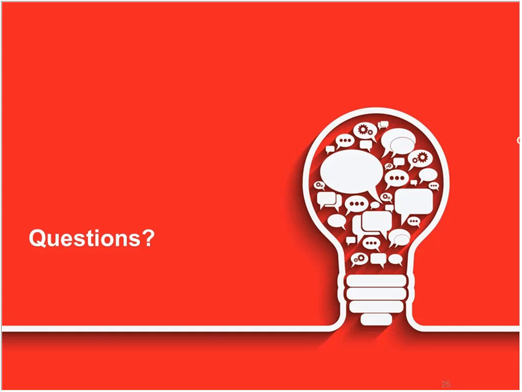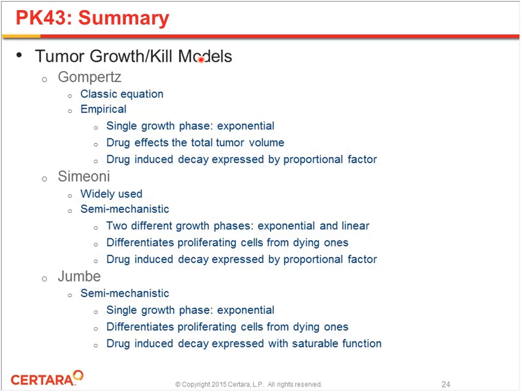As we said, let's go back to the equation here. It has a single growth exponential function, and this is the same as with the Jumbe model, which uses transit compartments. Yes. So this is what the tumor growth inhibition models are all about.